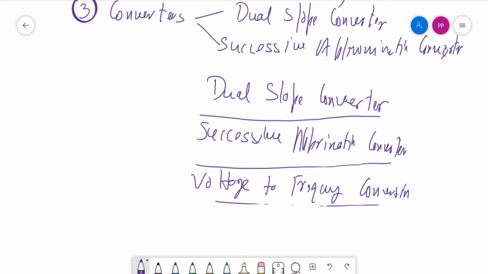So in this way the input voltage to the integrator is converted into an equivalent output of frequency.